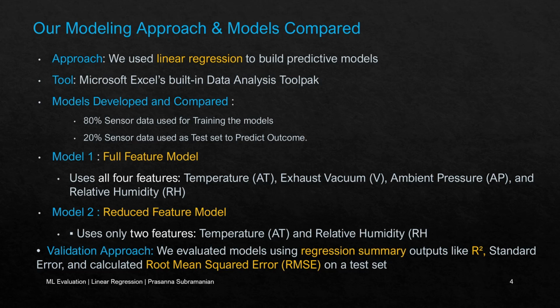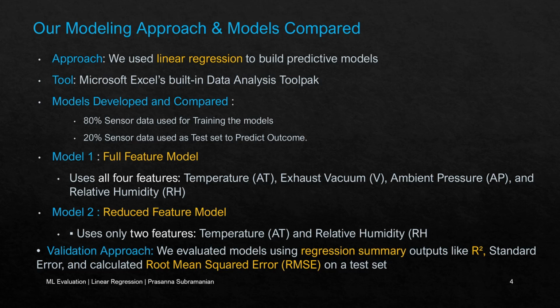One of the assignment's main requirements is that more than one model has to be trained, so I trained two models. Model 1 is the full features model, using the four environmental variables: temperature, exhaust vacuum, ambient pressure, and relative humidity.